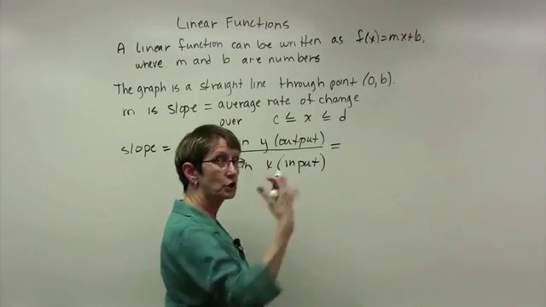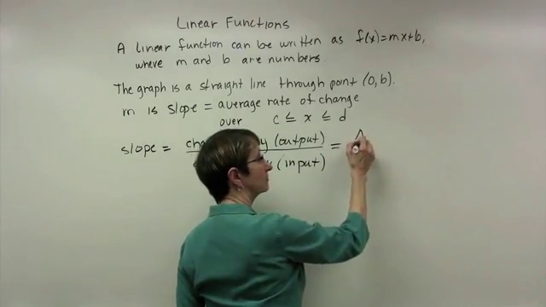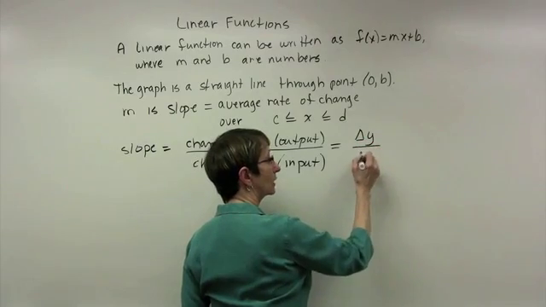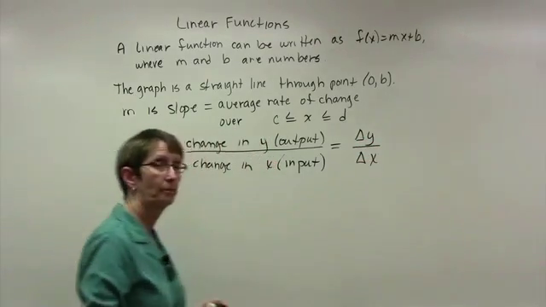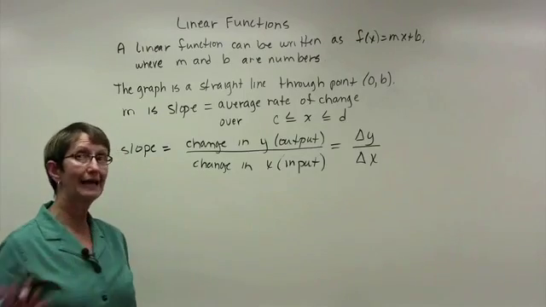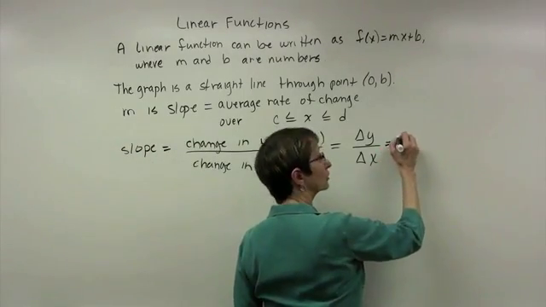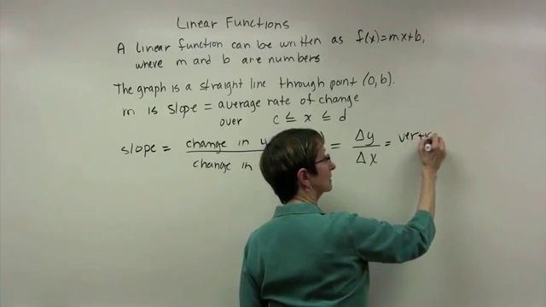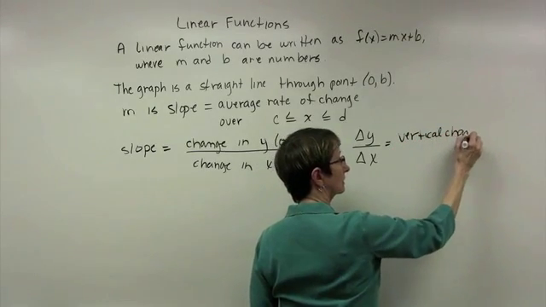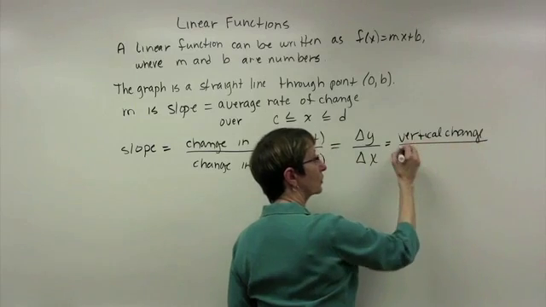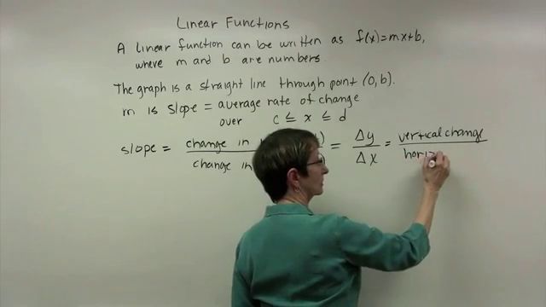To represent the words change in, we can use delta: delta y over delta x. You can also call it rise over run, which would mean vertical change over horizontal change.